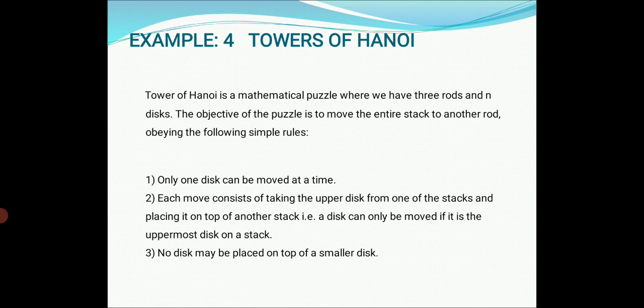That means a disk can only be moved if it is the uppermost disk on the stack. The third rule is that no disk may be placed on top of a smaller disk. These are the three rules for the Tower of Hanoi.